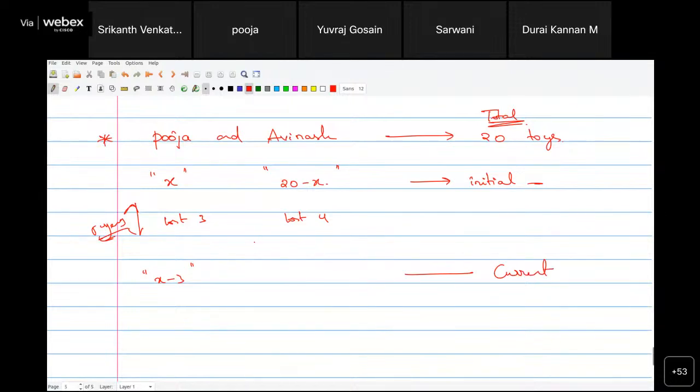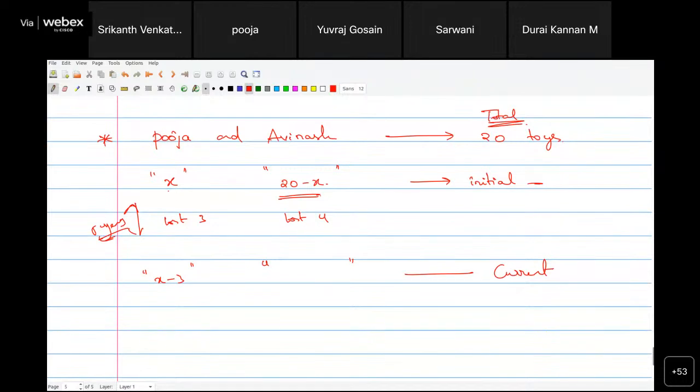How many toys will your friend Avinash have? 20 minus X, and he lost 4 from it. So the number of toys Avinash has is 20 minus X, and he lost 4.